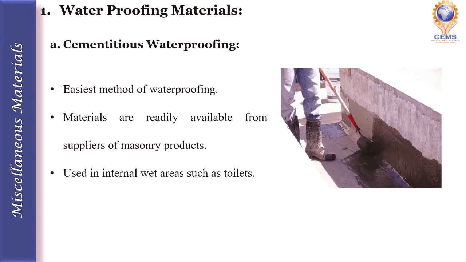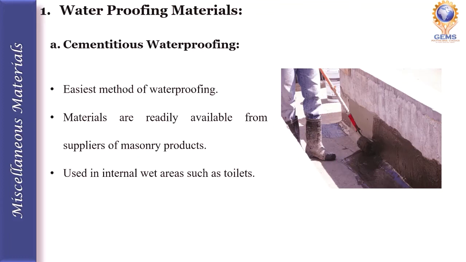The first material is cementitious waterproofing material. This material can be mixed with sand and cement, and we can apply that paste to the structure where you need the waterproofing. Cementitious waterproofing is the easiest method of waterproofing in the field of construction.